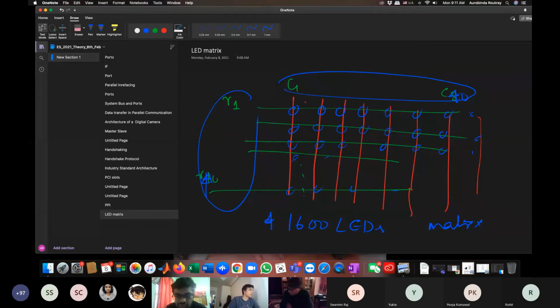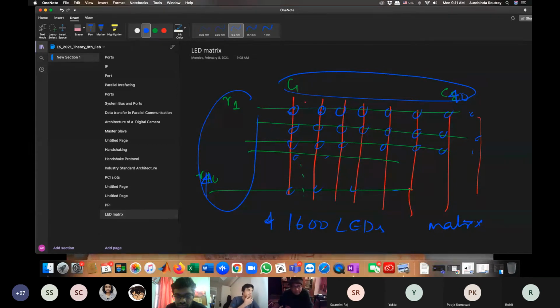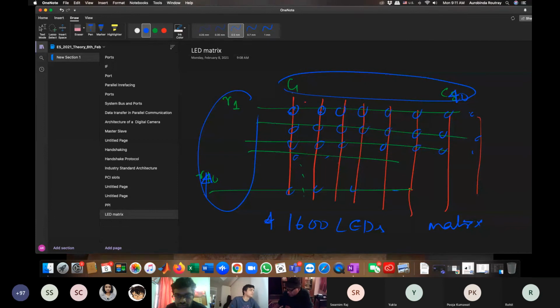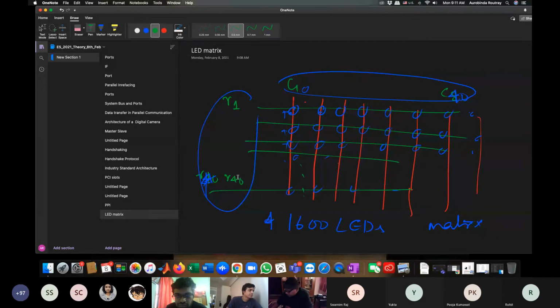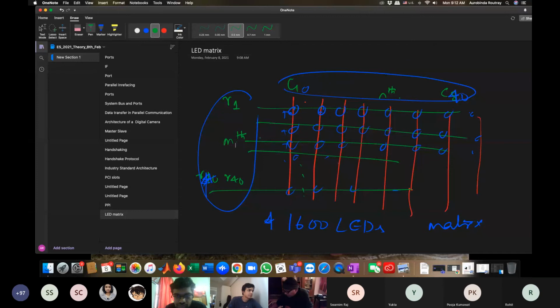If you glow one LED, that is fine. But when you go there, this will be off. Let's say the positives are all connected to rows and the negatives are connected to all columns. So if you make the mth row positive and the corresponding nth column negative, the LED at (m, n) will glow.